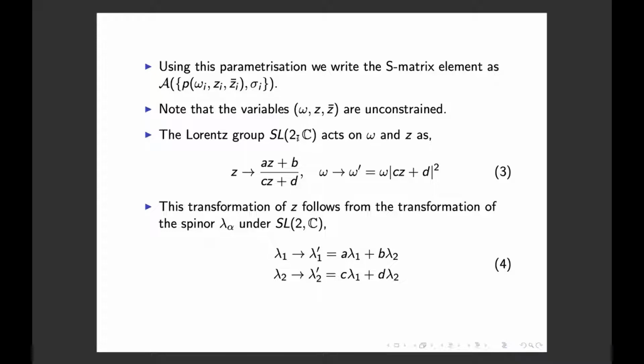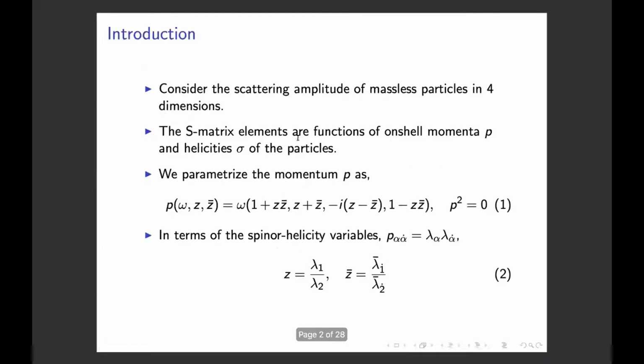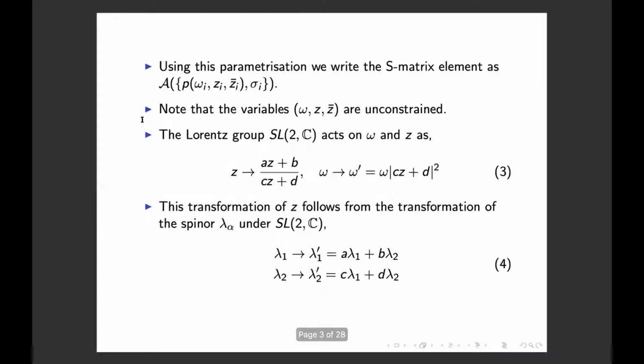And note that since P is null and in 4 dimensions, that can be expressed in terms of the three independent quantities, which are this omega, Z and Z bar. So this S matrix A becomes a function of these four numbers.